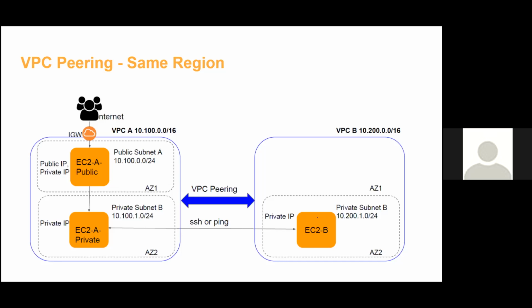Now if you want to form a connection between those two applications, or maybe the database which we are using for both applications is in VPC B, how can you connect? Using VPC peering. One more use case of VPC peering: say your application is one, but you have, say, 10 customers, and they are also on AWS.